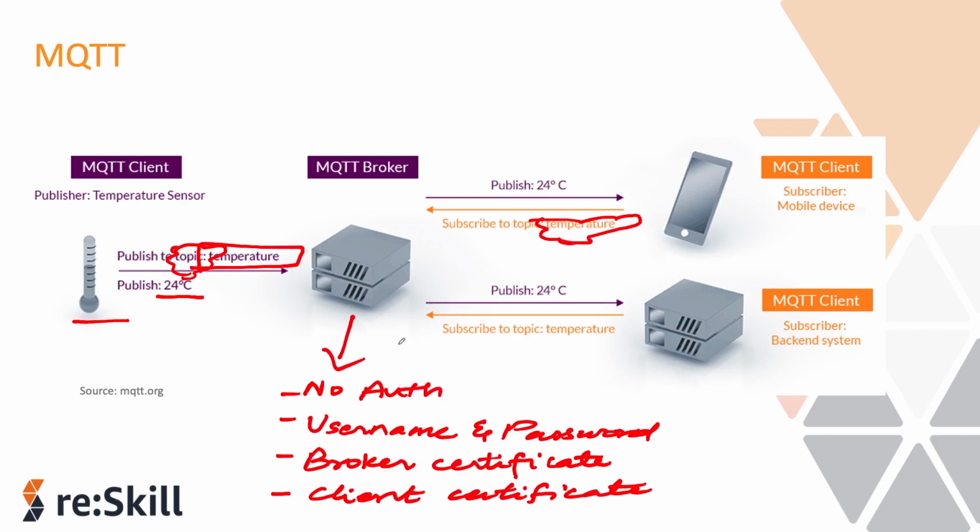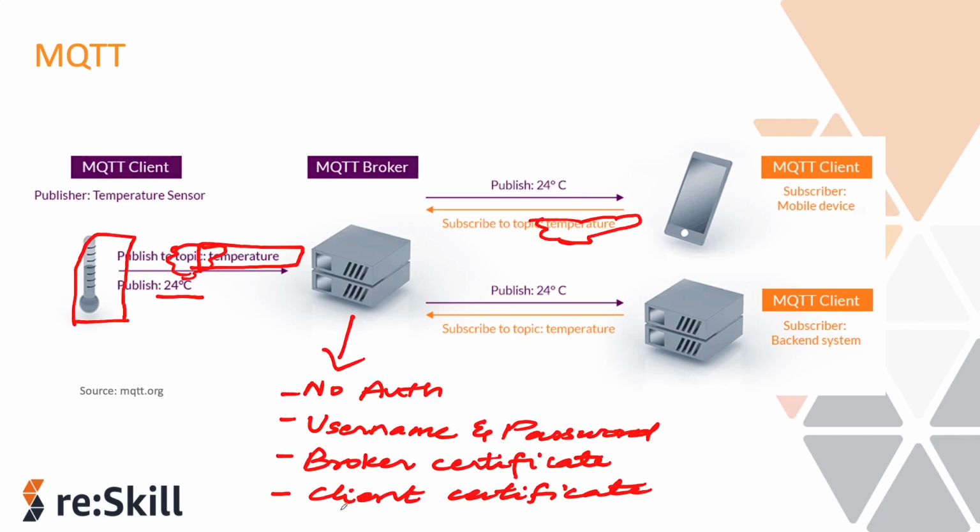That's the reason why when we register a thing, we generate certificates, and those certificates have to go into the IoT devices. So when the device wants to connect to the MQTT broker, the device will validate the MQTT broker based on the certificate the broker has, and the broker will validate the IoT device based on the certificate the device has. So that's how it works.